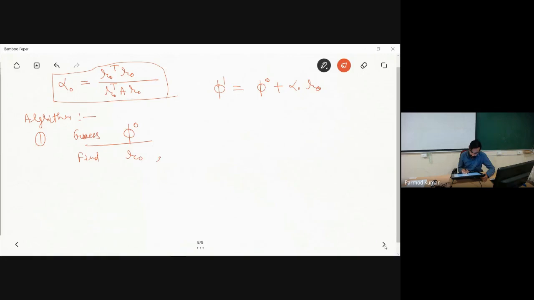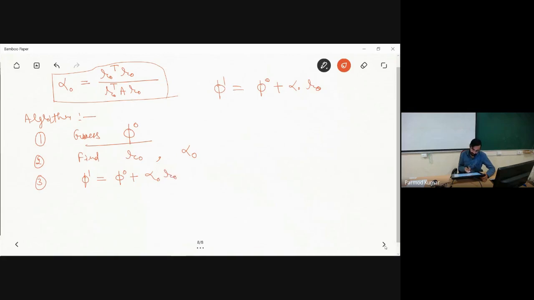Then I have to find out alpha 0, which is a function of nothing but R0 and A. So this is the second step. Then third step is I have to progress the solution to find out the value of phi1. So phi1 will be nothing but equal to phi naught plus alpha naught into R naught.